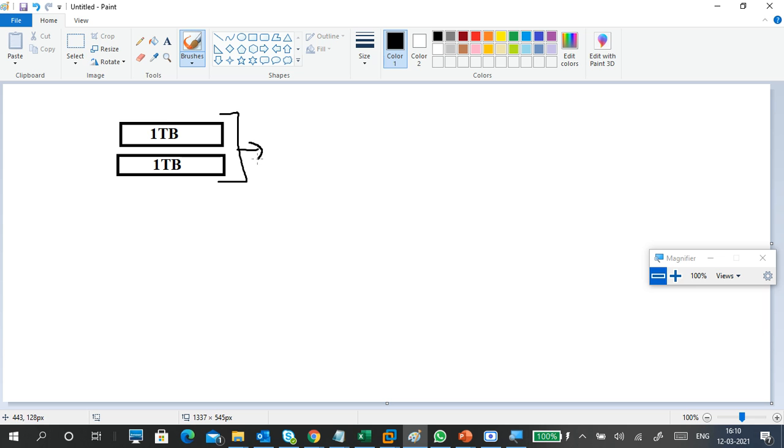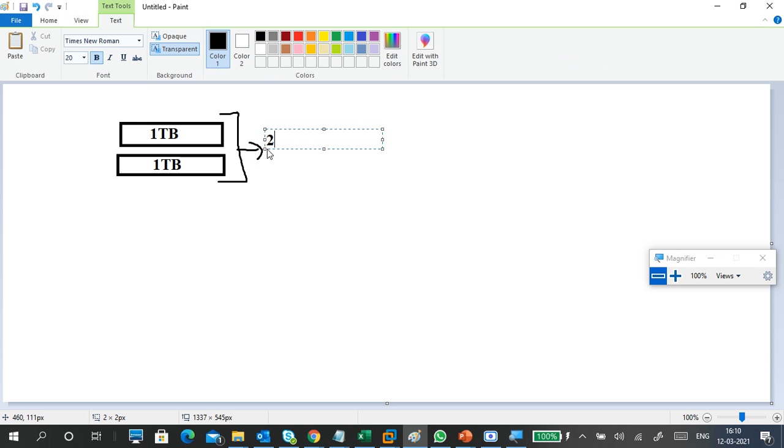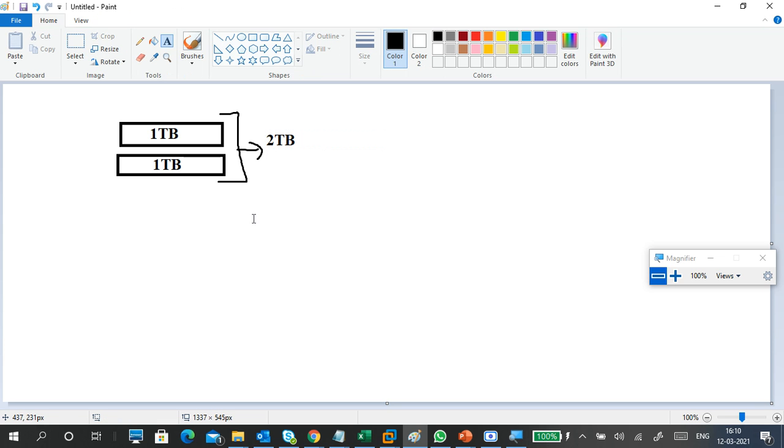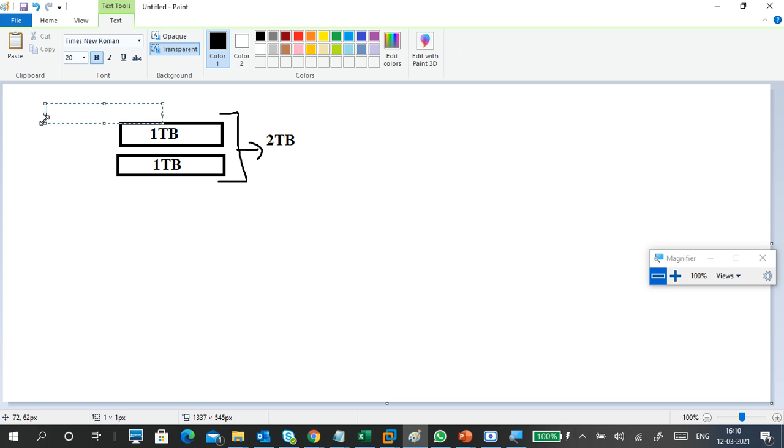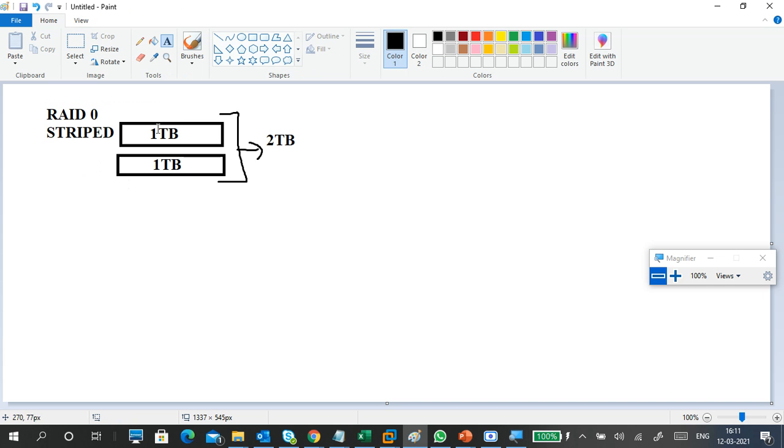What is the result? 2 terabytes. This is called a striped volume. Write 0. Okay, this is a striped volume.